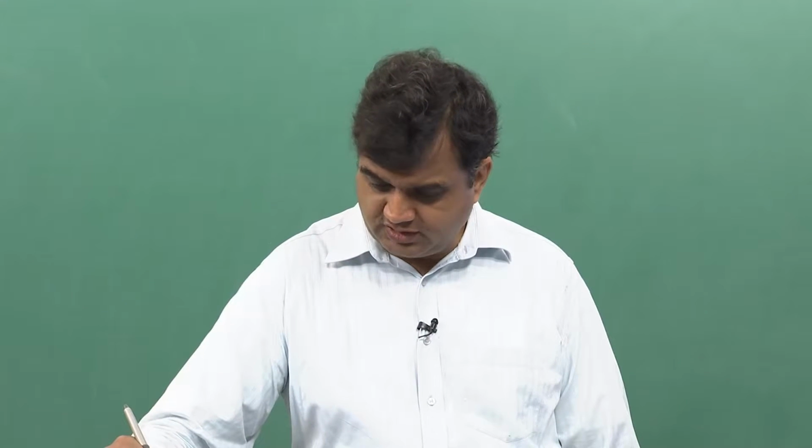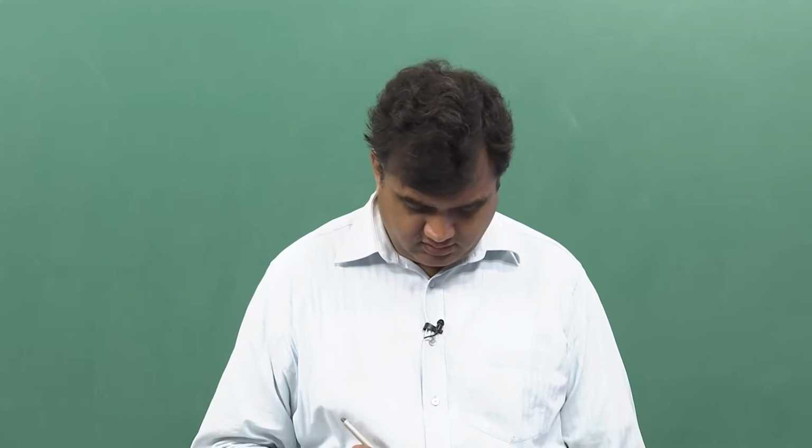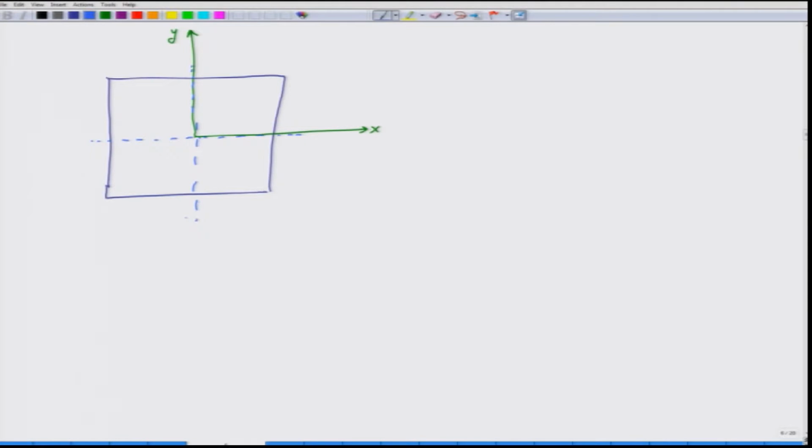So, the other plane of symmetry we will draw that separately just to make things clear. This is my original problem. These are my axes and we had said that the planes of symmetry, this is one plane of symmetry, this is another plane of symmetry, because along these 2 planes the geometry is symmetric, the boundary condition is symmetric, the force variable is symmetric and the material properties are symmetric, all those 4 parameters are symmetric.